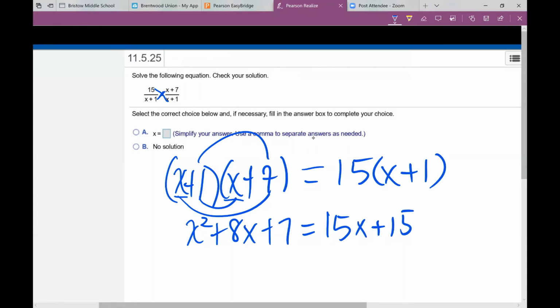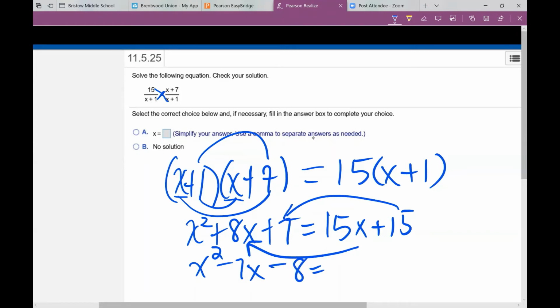So I need to move everything over to the left and then factor. So if I move the 15x over to the left by subtracting, that would give me 8x minus 15x is negative 7x. And if I move this 15 over, 7 minus 15 would give me negative 8. So I now have a problem that I can pretty easily factor.